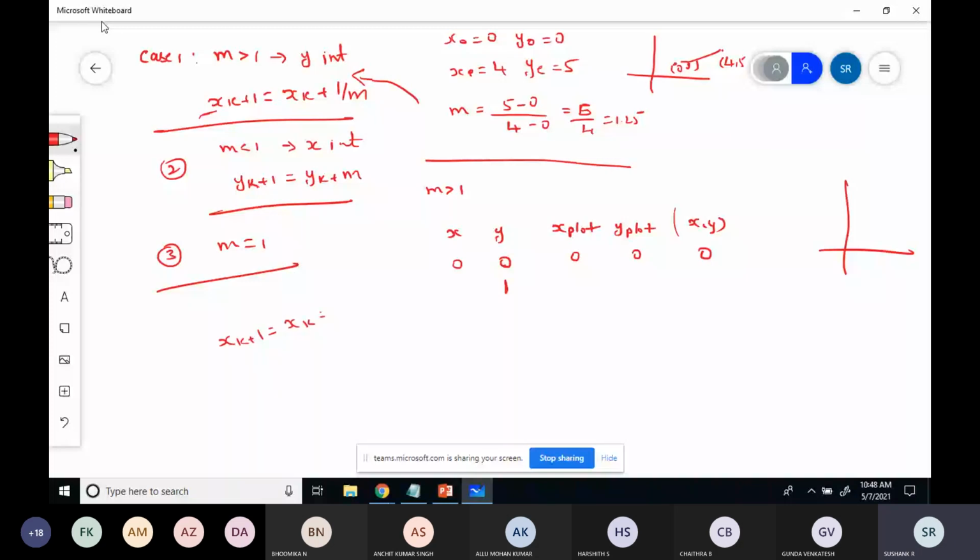So x1 is equal to x0, the previous value 0, plus 1 by m. So 1 by 1.25. Can anyone calculate using calculator? What is the answer? 1 by 1.25.